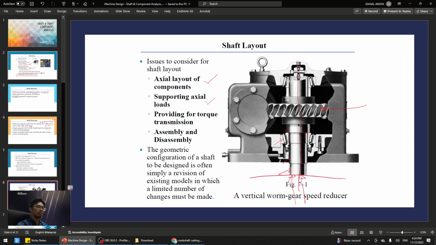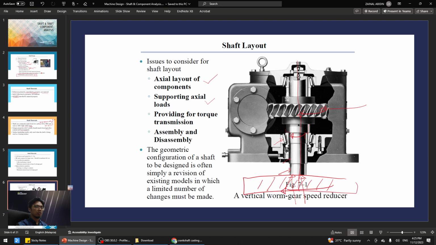Gear macam ni, helical gear juga. For example, this is rotated macam ni, so shaft ni akan rotate macam ni jugalah. So you nak dia punya output gear kat luar ni rotate arah ke kanan juga.